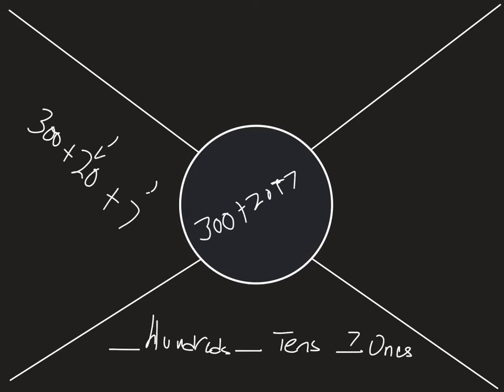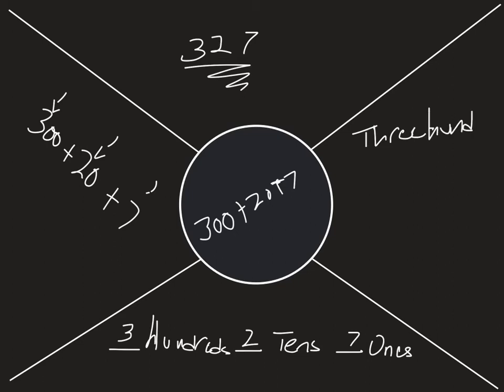How many tens goes into 20? 2. 2 tens. So we write 2 tens, and then lastly, we have 300, which is also known as 3 hundreds. So if we have 3 in the hundreds place, 2 in the tens place, and 7 in the ones place, we have a number 327, which we can write in word form.